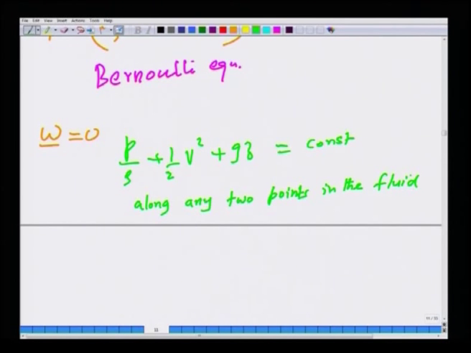So, these are two different assumptions. In the first case, we are not saying omega is 0, we are merely saying that the flow is inviscid, that is, the viscosity is 0. Then the Bernoulli equation is valid only along a streamline, between any 2 points along a streamline. But if you are saying that the flow is irrotational, then the Bernoulli equation is valid between any 2 points across the fluid, even across streamlines. So, these are two different types of assumptions, and one has to be careful in interpreting the two assumptions.